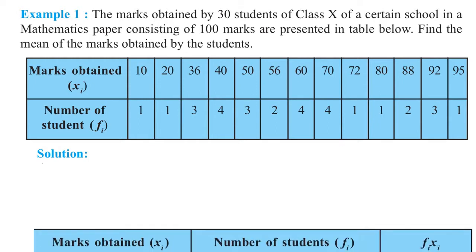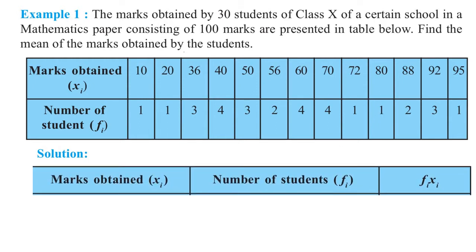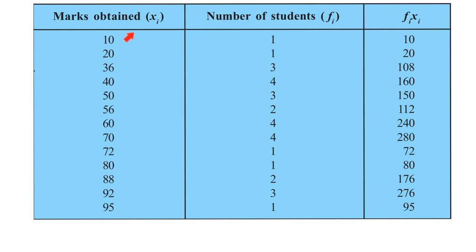So the columns will be marks obtained, number of students, which is the frequency, and the product of the frequency and the marks obtained. We can list them: marks obtained, number of students, and the product fi times xi. We need to total this. So what do we get?